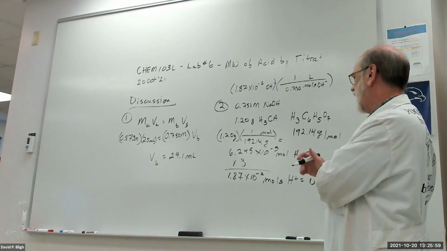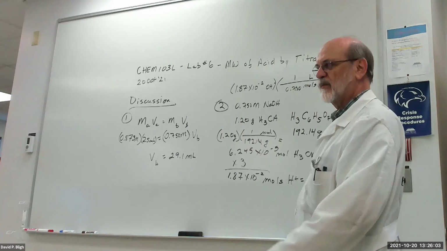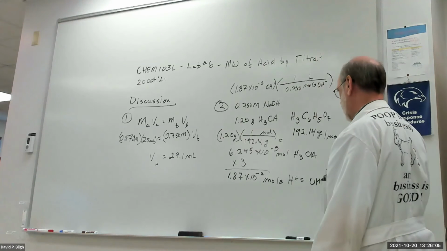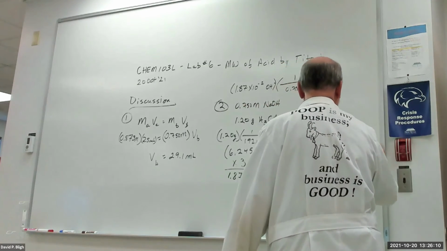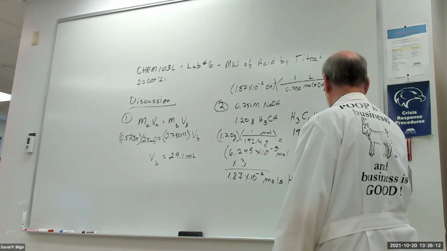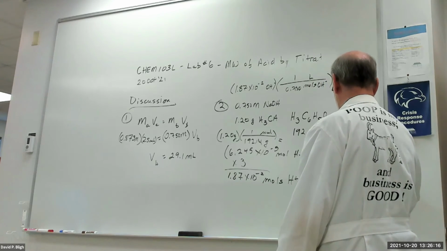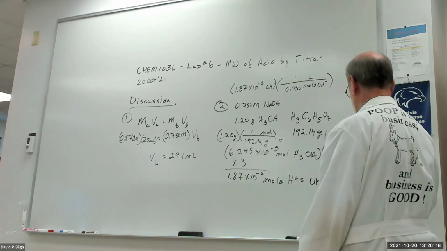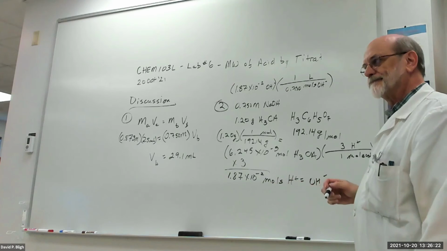Yeah. I didn't use my typical dimensional analysis. That probably would have been better if I did like this. So we have 3 protons per molecule. There we go. So that's why 3 times.